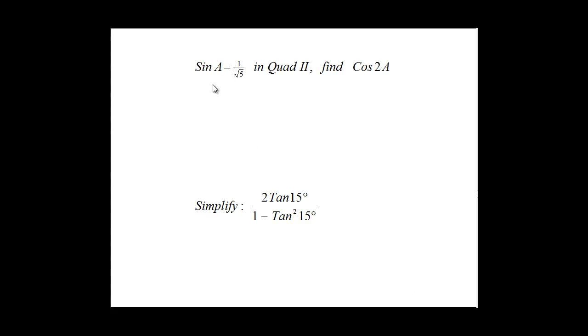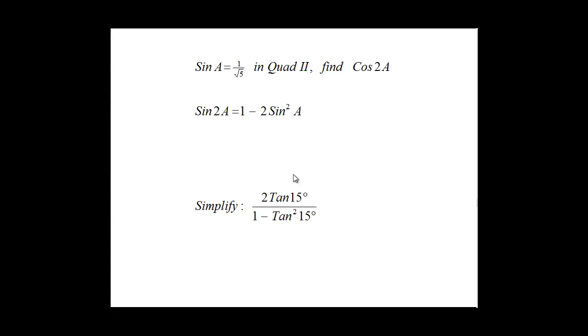Okay, suppose sine is 1 over square root of 5, we're in the second quadrant, find cosine of 2a. Well, first we need to draw a triangle, figure out what cosine is. Well, actually we don't, because there's a formula that only has sine in it.